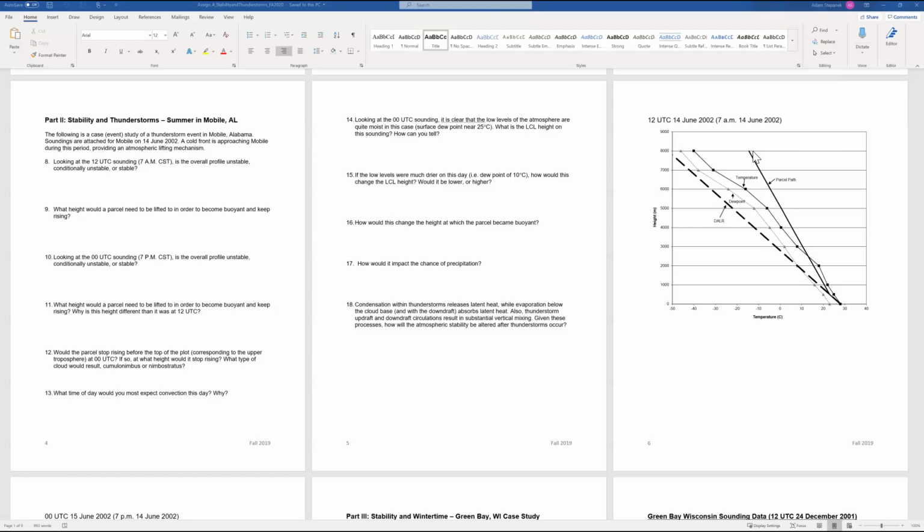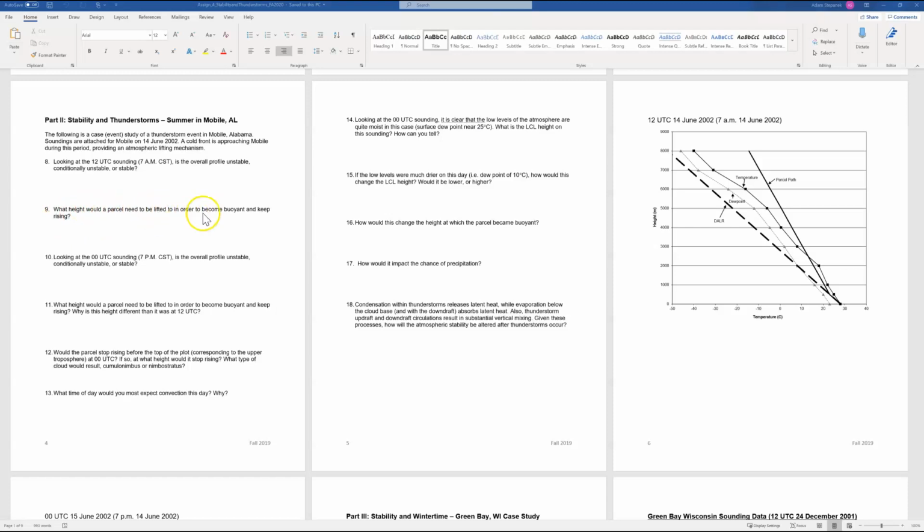That would determine whether or not we were in an absolutely stable environment, an absolutely unstable environment, or if they were different, a conditionally unstable environment. So give that some thought.